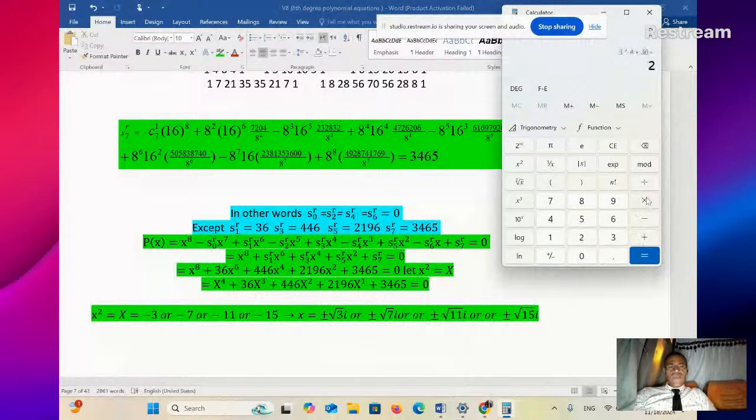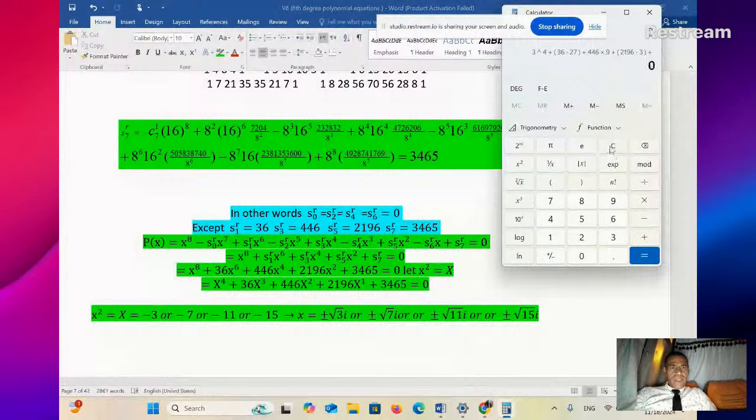I'm going to write only negative 27, plus 446 times the square of negative 3, which is 9. Then plus 2196 times negative 3, because the root is negative 3.